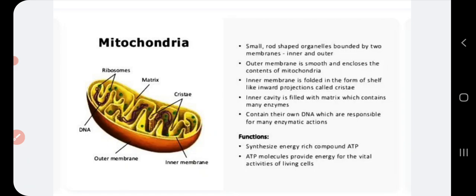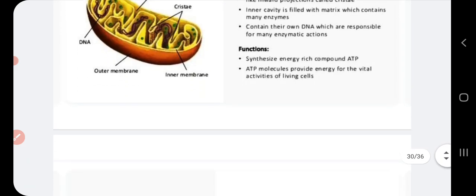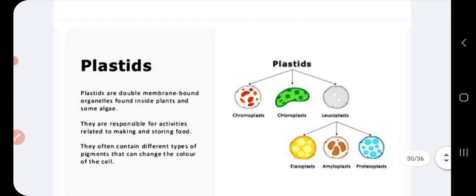Mitochondria. The parts of the mitochondria are ribosomes, matrix, DNA, outer membrane and inner membrane. And mitochondria's function is to provide ATP, meaning adenosine triphosphate.